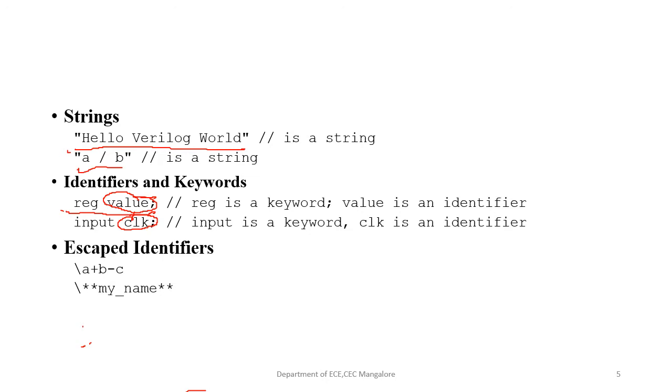Only underscore you can use, and dollar sign you can use, like a underscore b. So it may be an identifier, or dollar a, like this. This is what you can use.